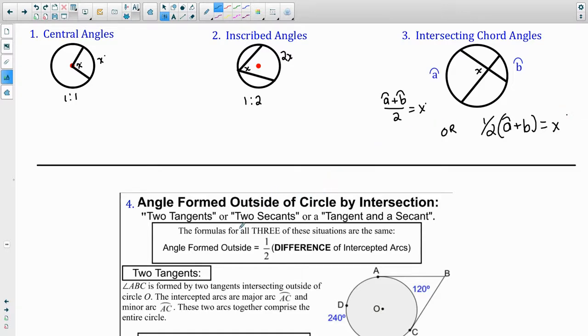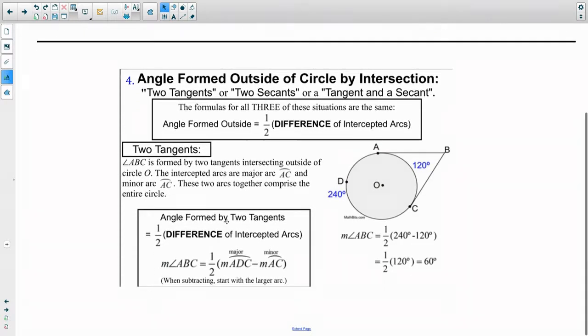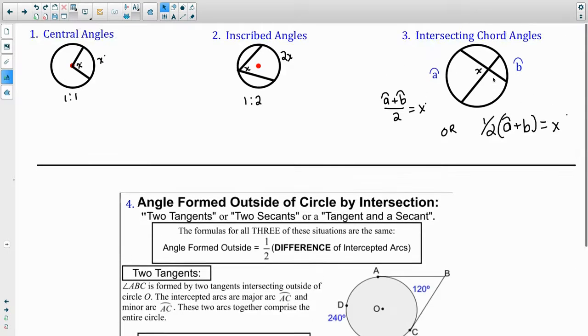So now we get to the final stage here. Angles formed outside the circle by intersection of two tangents, two secants, or a tangent and a secant. Now, one good thing about all of these three scenarios is that they all really have the same theorem. And it's not so different from the scenario with the intersecting chords, where we had to take two important arcs and add them and cut it in half.